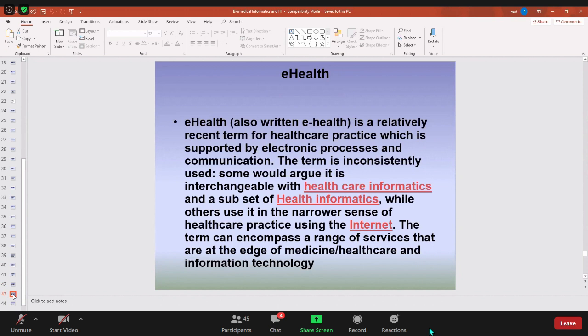Yes, that is associated with information technology. The term is inconsistently used, and some would argue that it is interchangeable with healthcare informatics or a subset of health informatics. Others use it in the narrow sense of healthcare practice using internet infrastructures, and the term can encompass a range of services at the edge of medicine or healthcare and information technology.